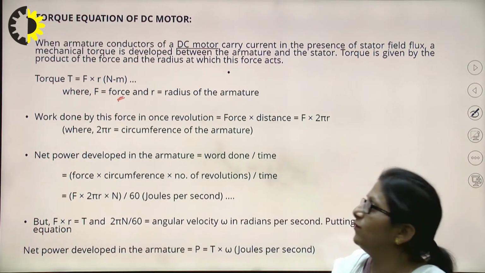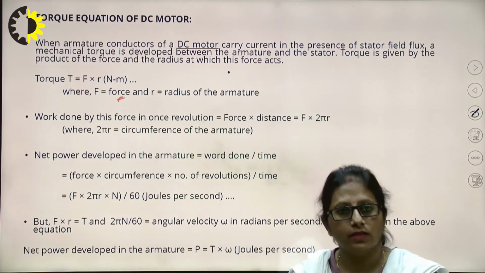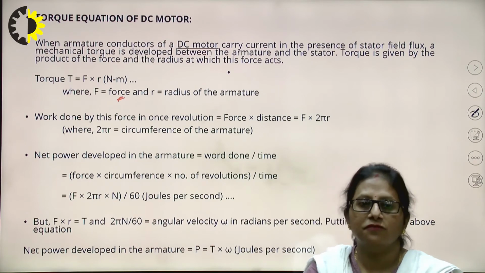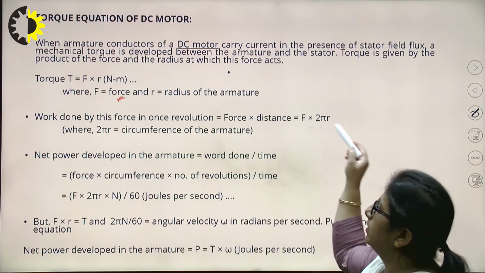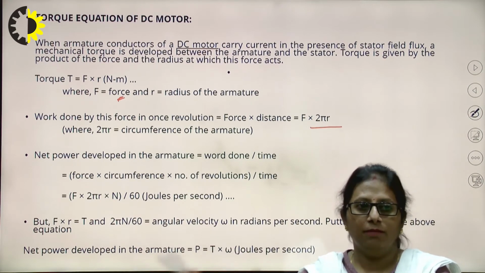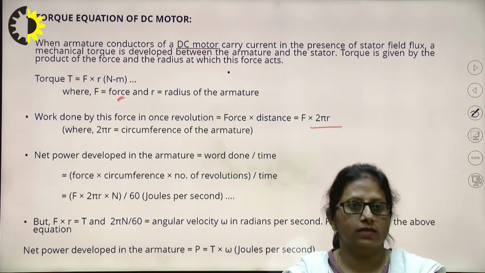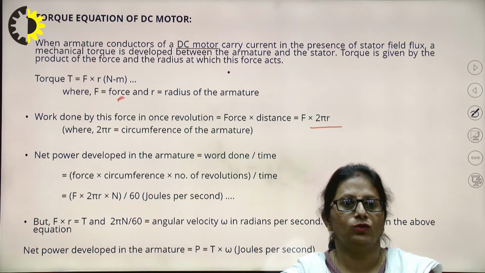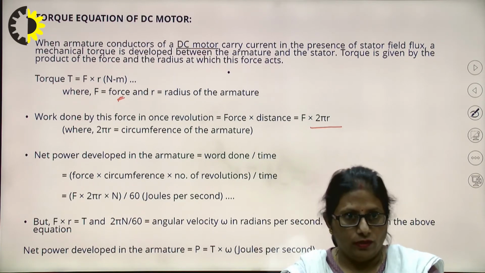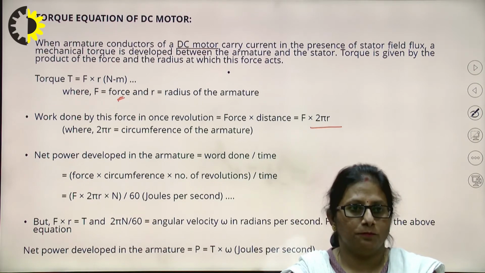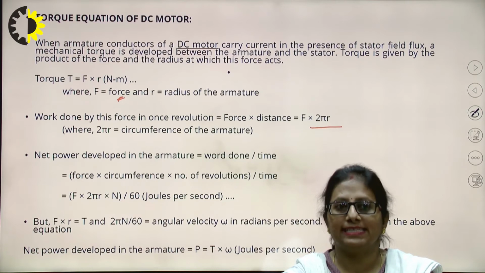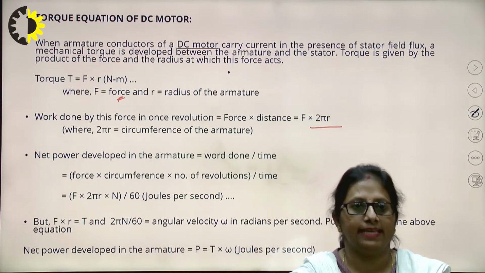Work done by this force in one revolution is force into the distance, that is F into the circumference of the armature, 2 pi r. So the net power developed in the armature, that is work done by time, is F into 2 pi r into N by 60, that much joules per second.